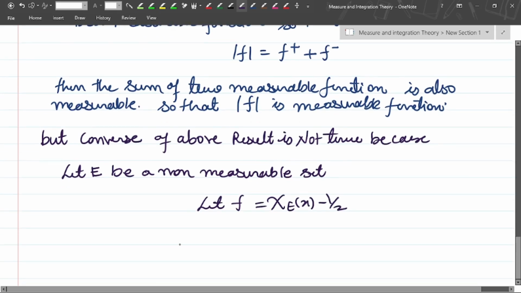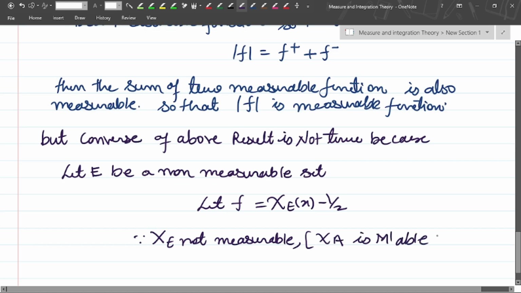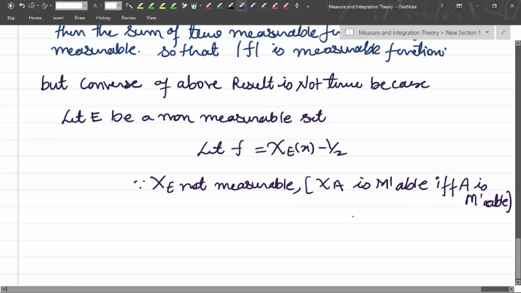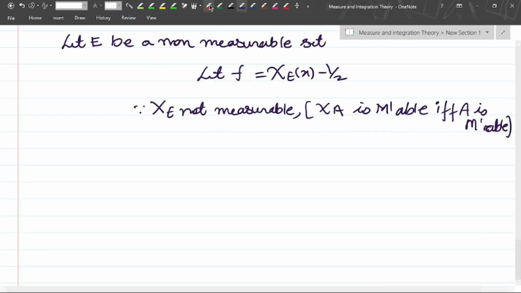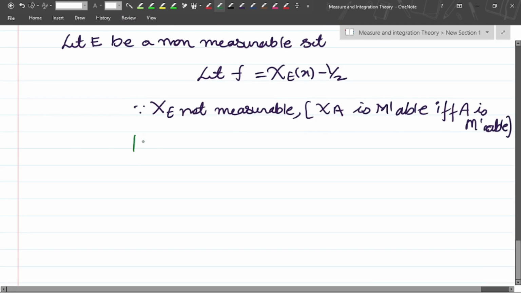It is a characteristic function. The characteristic function of E is not measurable, because the characteristic function of a set A is measurable if and only if A is measurable. If the set is non-measurable, then the characteristic function will also be non-measurable. What is the mod of this function? It is the mod of chi of E of x minus 1 by 2.